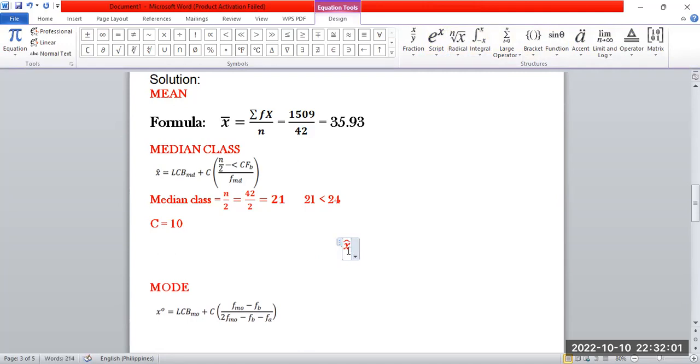So median is equal to the lower class boundary of the median class.